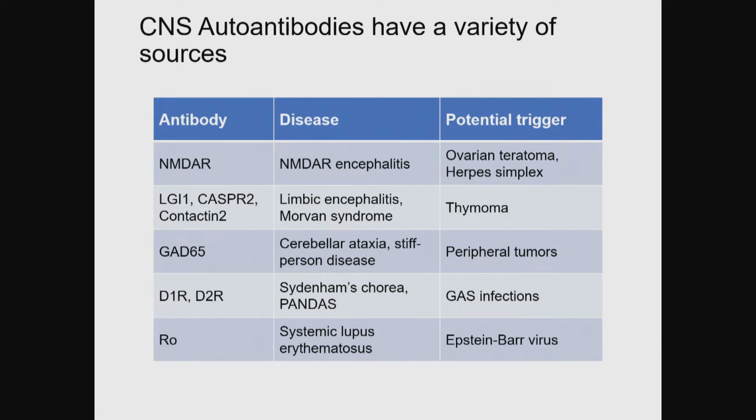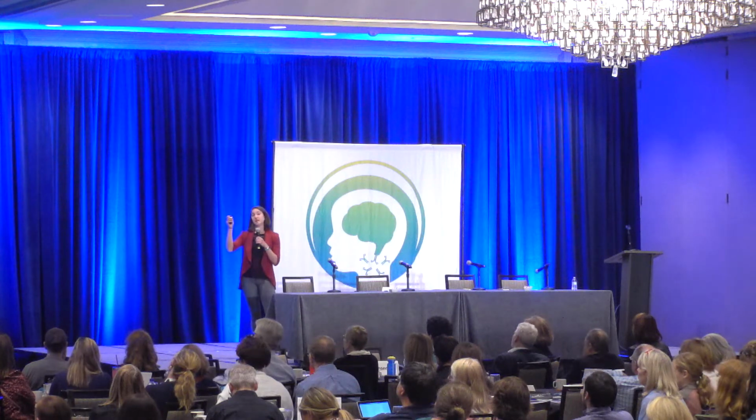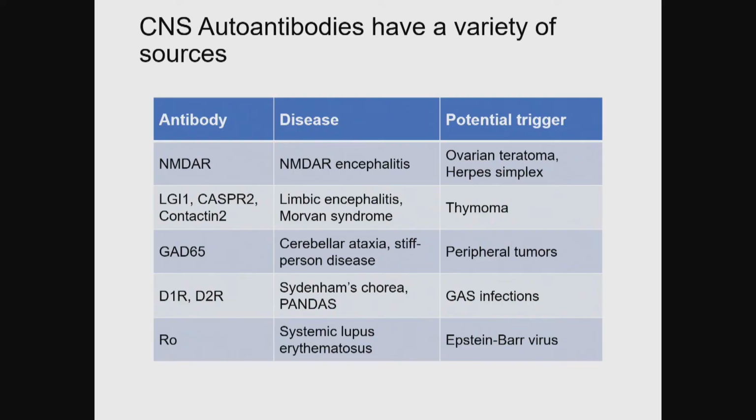And indeed, in the first cohort of NMDA receptor encephalitis patients, that was almost an inclusion criteria, was presence of an ovarian teratoma that expressed the NMDA receptor on those tumor cells, in the ovary. But thymoma, so a tumor in the thymus, can also be linked to several different autoimmune encephalitis conditions.